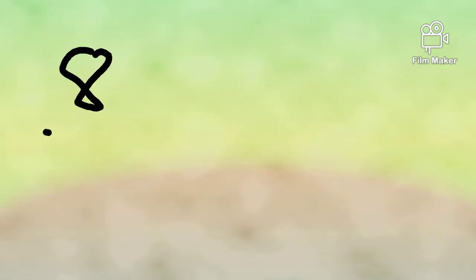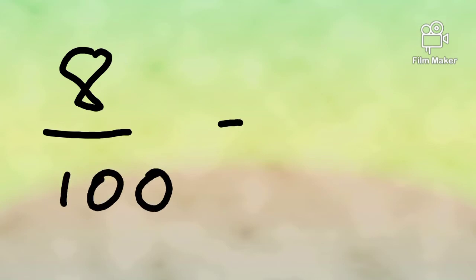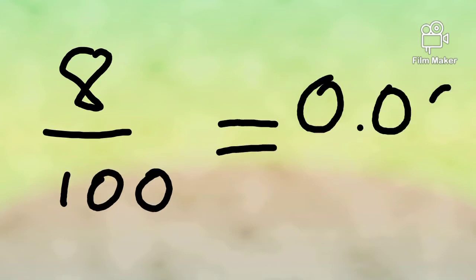Children, if there are fewer digits in the numerator than the zeros in the denominator, what we'll do here? Place zeros before the digits in the numerator to make the total number of digits equal to the number of zeros in the denominator. Place a decimal point before them and a 0 in the integers place.